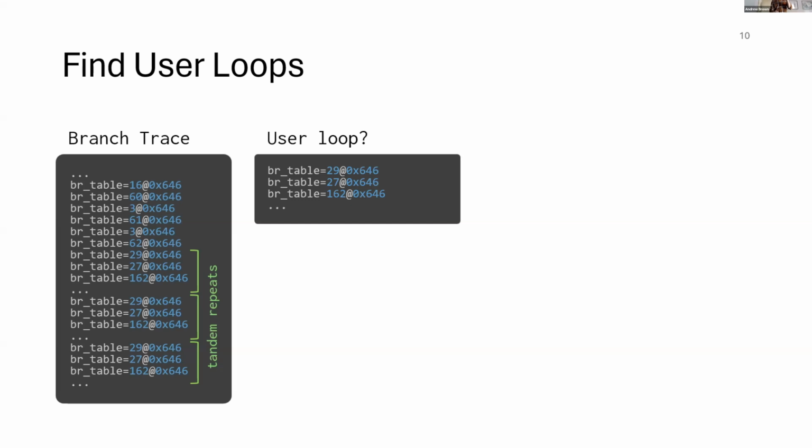Once we get these repeated substrings, these tandem repeats, do we truly have a user loop, though? Because if we look at the values deciding that branch table instruction, 29, 27, 162, these are actually bytecodes. These may be a part of a loop, but they may just be bytecodes. They don't truly identify the user loop.